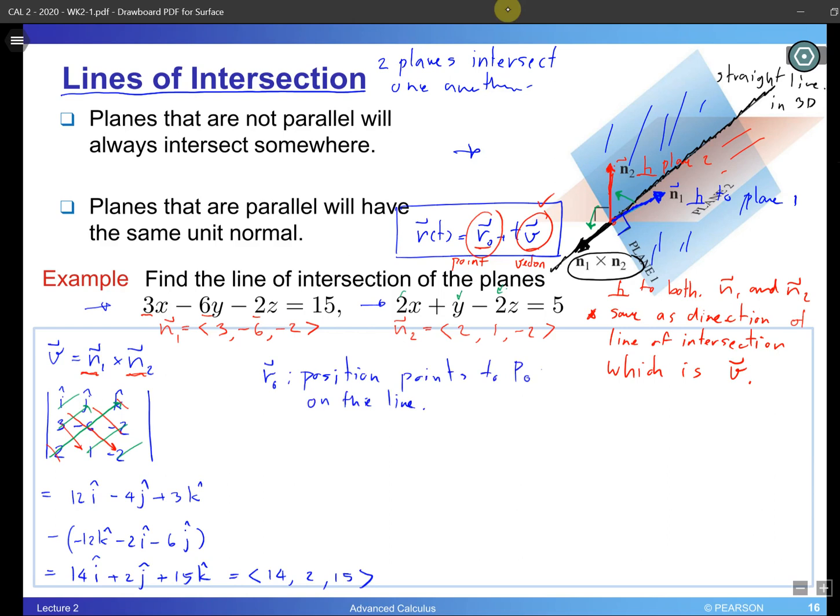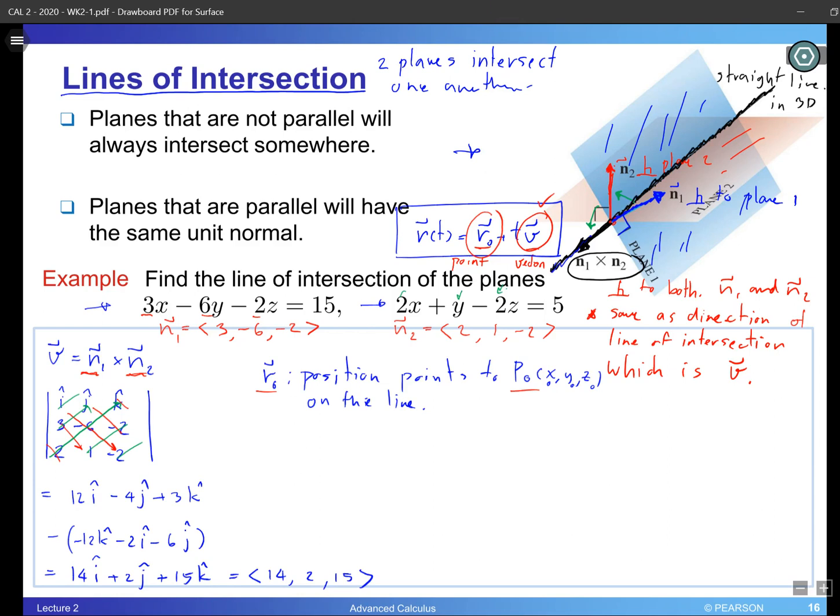So let's put coordinates for this P0, x, y, and z, all 0. In order to find this r0, we need a point on this line of intersection, but at this point we haven't found one yet. We don't have this point.